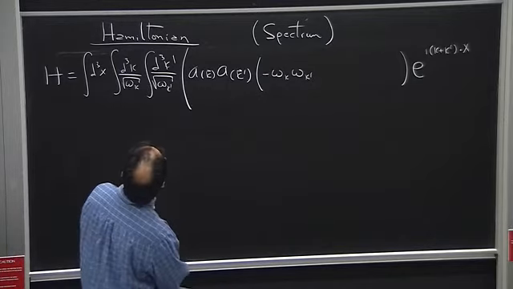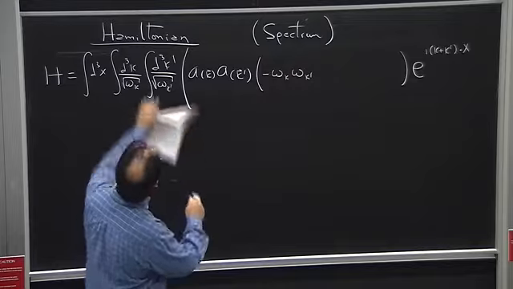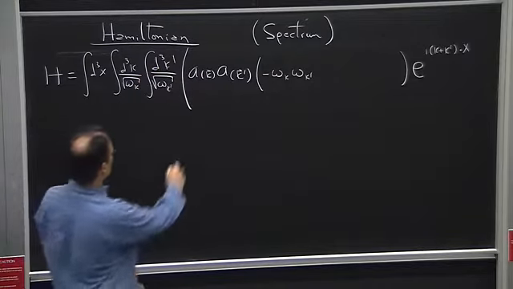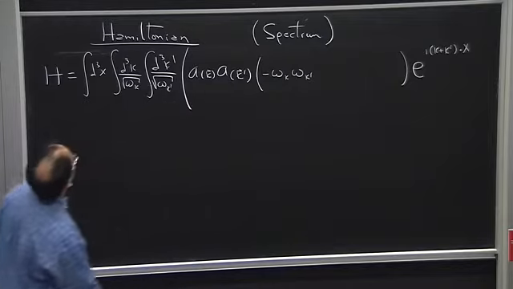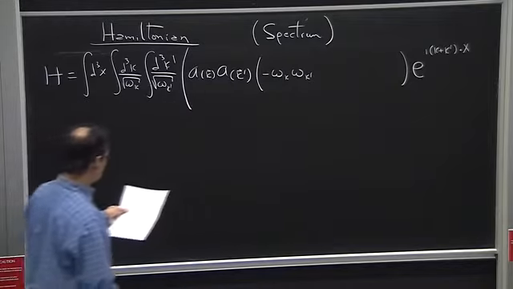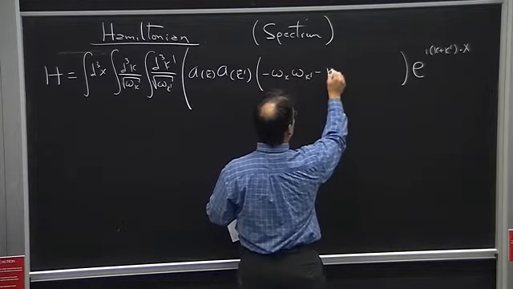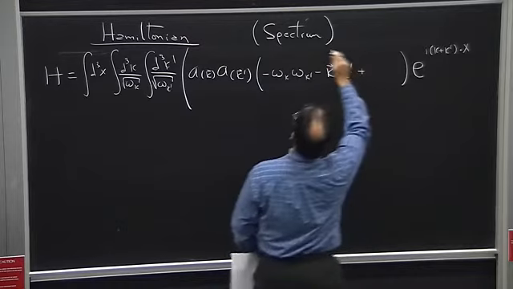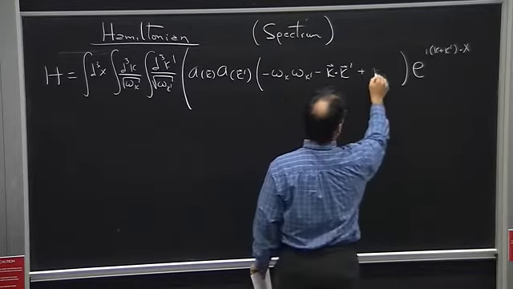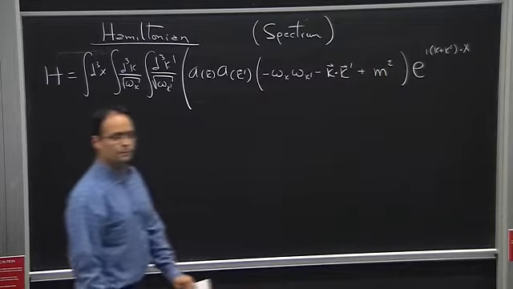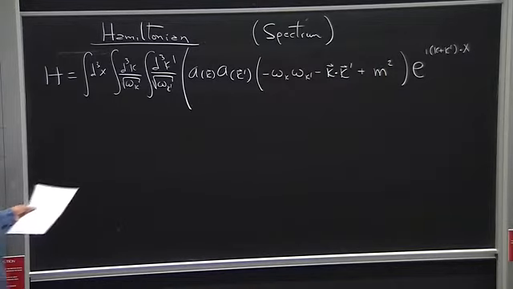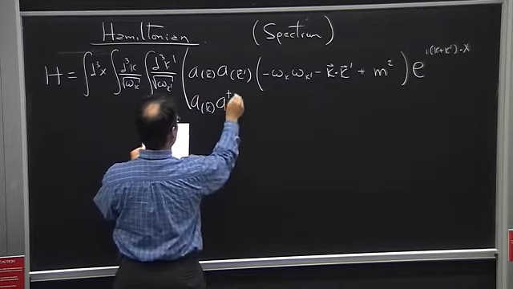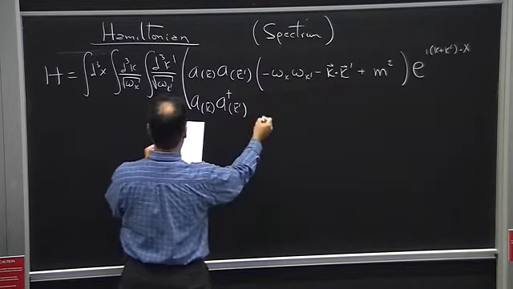Now, we can also get a contribution coming from the gradient of phi squared, right? Which will contribute to the a a term. So from the gradient of phi, we're going to get something that has the inner product of k and k prime. And of course, we're going to get a contribution from the phi squared term, and that contribution will be m squared.